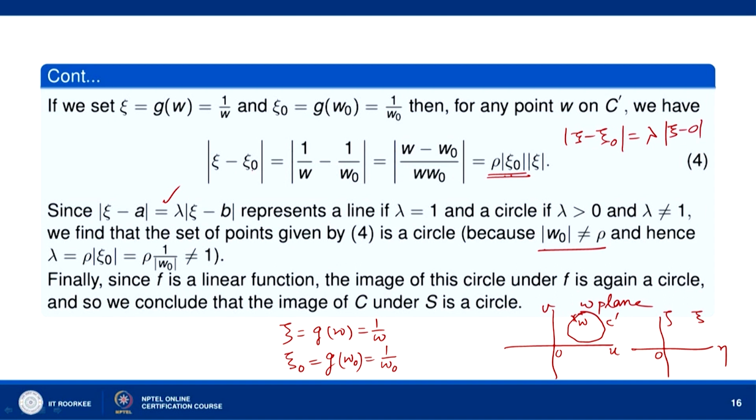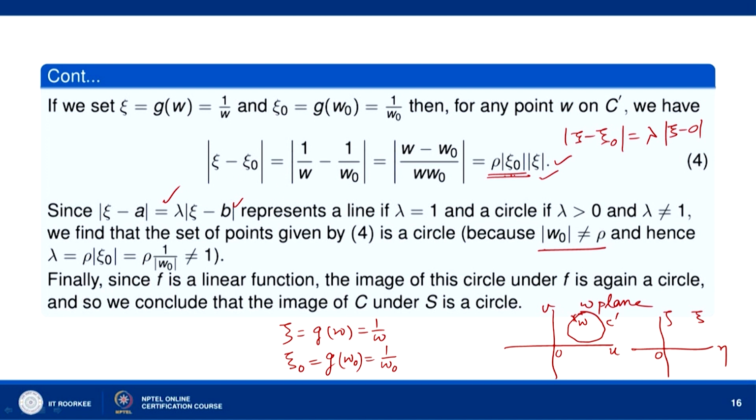Taking xi naught equal to a, lambda equal to rho mod of xi naught and b equal to 0, we see that lambda is not equal to 1 here, therefore, this equation represents a circle. So, the set of points given by this equation is a circle.